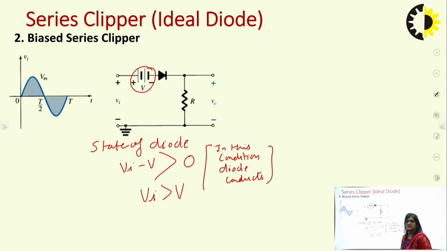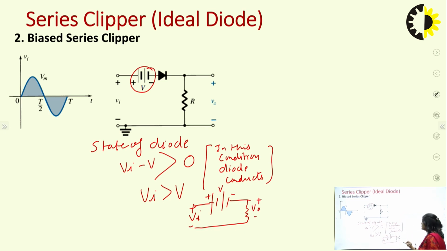This is the condition, and in this condition the equivalent circuit would be, now our diode will be short circuit in this case. So the equivalent circuit will be like this: this is the resistance, this is Vi plus minus, and here plus minus V, and this is V naught.